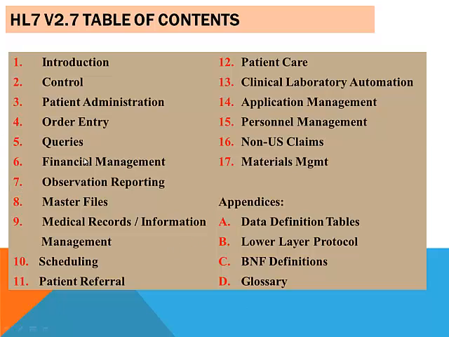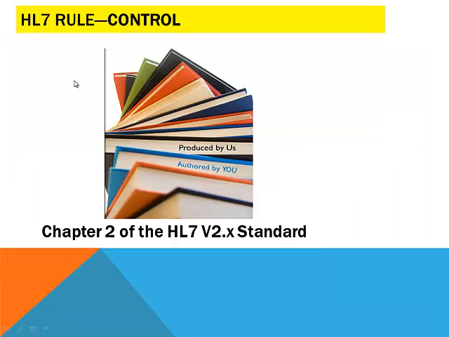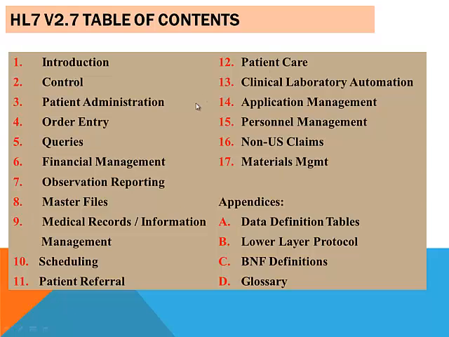Of these chapters, the most important is chapter 2. Chapter 2 defines the rules, data types, and the basic grammar for the construction of messages. So this chapter is the basis for understanding the other 16 chapters.